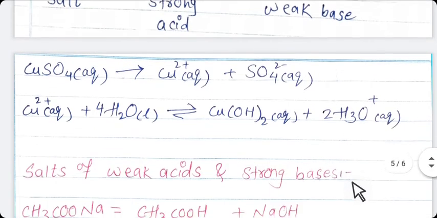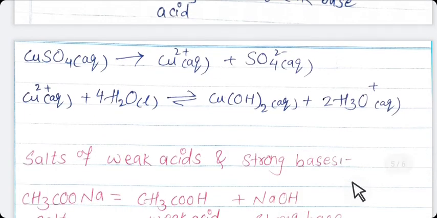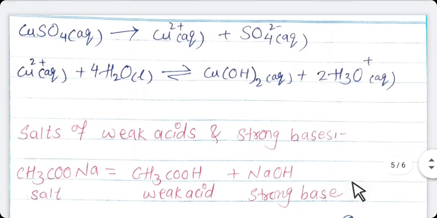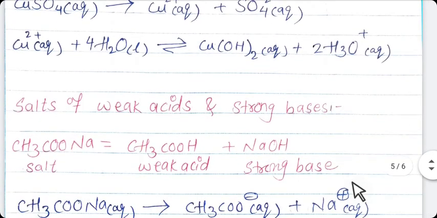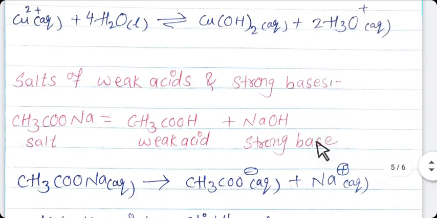Now the next type is salt of weak acid and strong base. We are taking an example. Sodium acetate is a salt derived from a weak acid, acetic acid, and a strong base, NaOH. When it is dissolved, it dissociates completely and forms acetate ion and sodium ion.